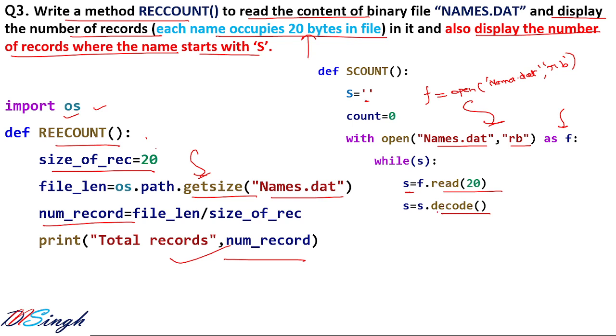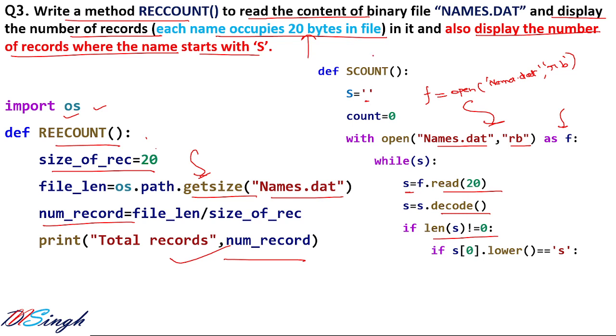Fine. Next, our job is to find out the length of s. If anything is there inside, or 20 bytes are read properly, then we will convert the starting letter of that 20-byte record. Why are we reading the file 20 bytes by 20 bytes?